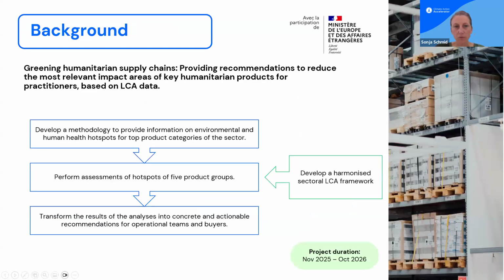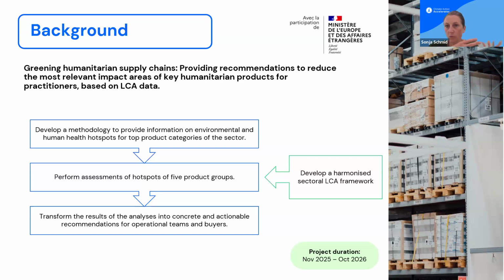Before we get more into the content of both the product categorization and the LCA framework, I would just like to provide a short overview of the project and put it into the context of our previous LCA work. As many of you might know, last year we conducted a first LCA project in collaboration with ICRC and the Swiss Technical University EPFL, where we analyzed 13 key relief and medical items based on the ICRC supply chain.